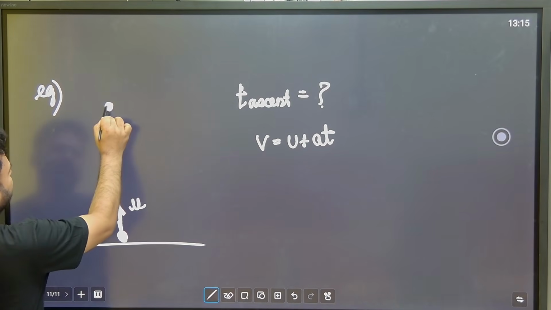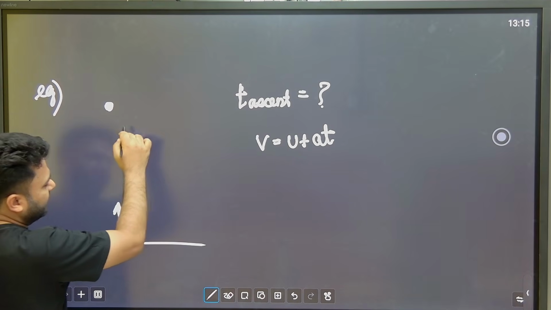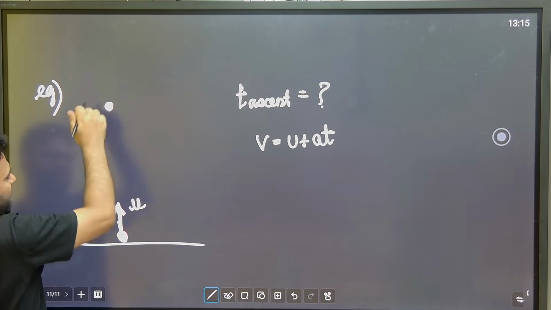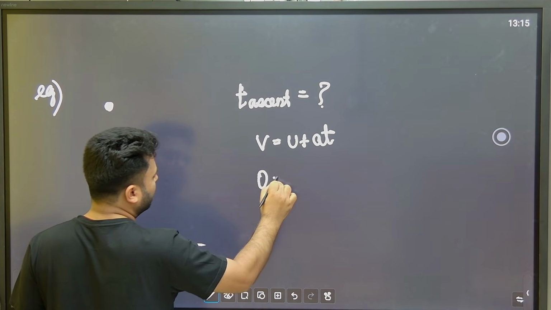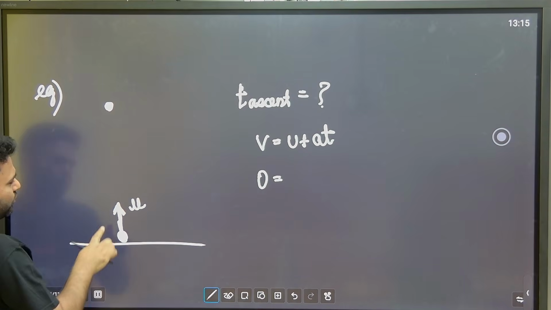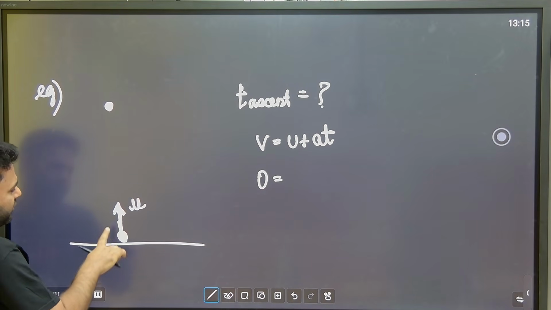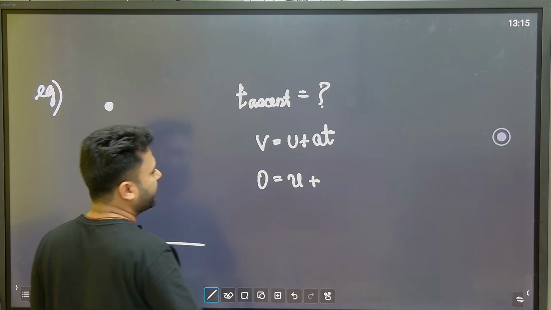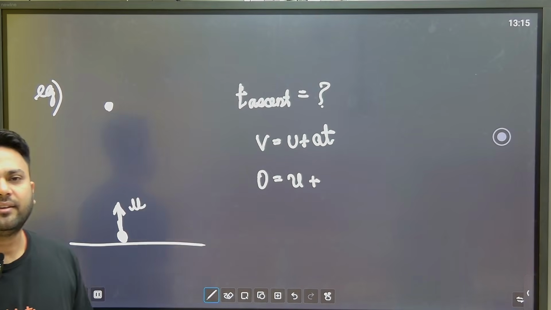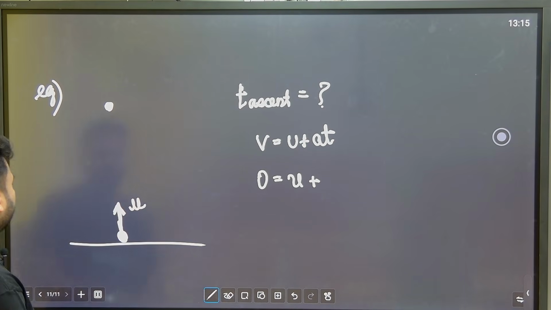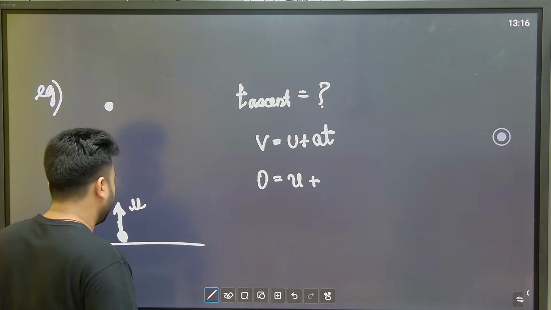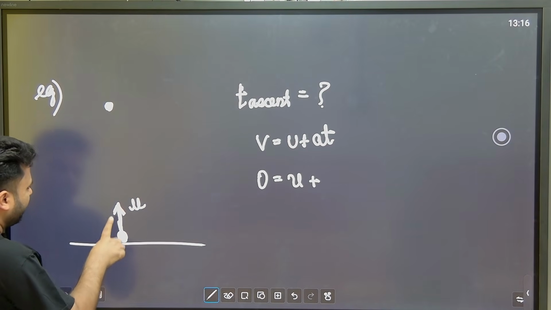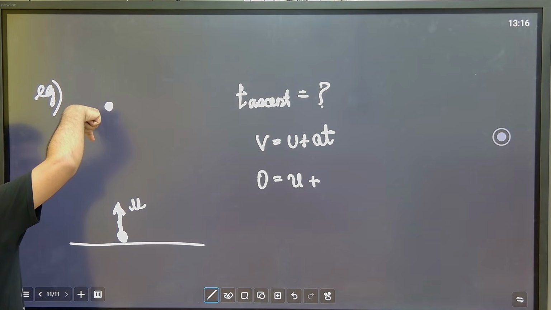So final velocity, here this is the final velocity. Here the ball stops for a moment, final velocity becomes 0. Initial velocity u, now plus u or minus u? u is in the direction of motion, so plus u, plus acceleration, acceleration due to gravity. Now gravity always acts downward, so direction of motion is up, but acceleration due to gravity is down.